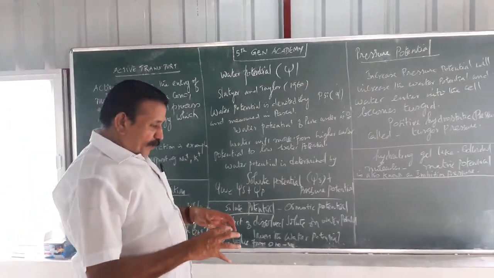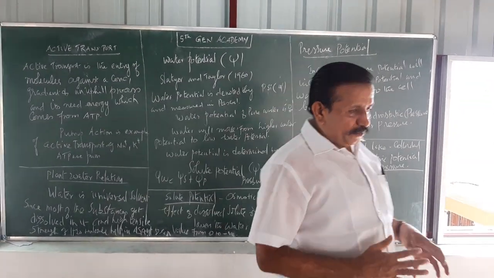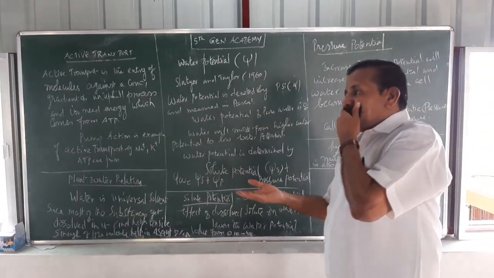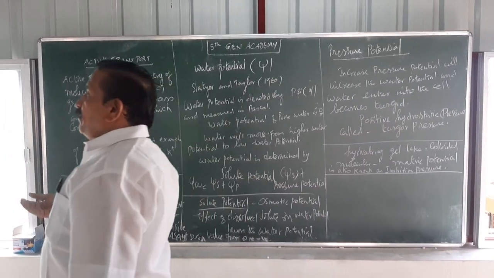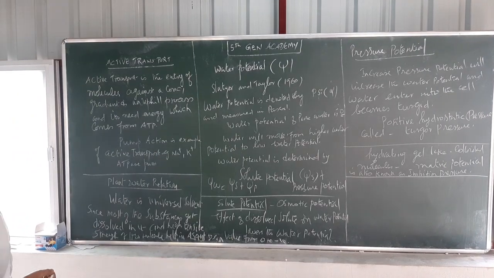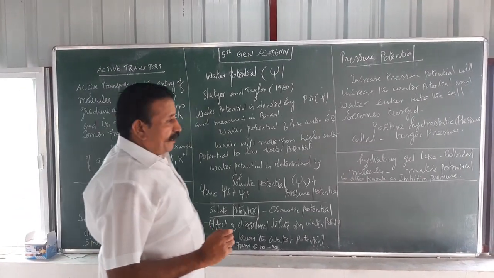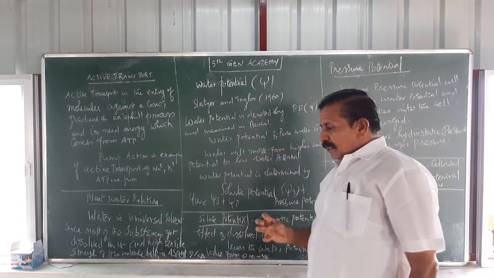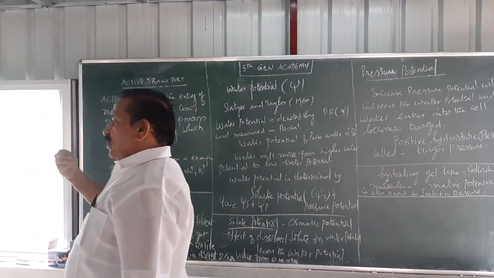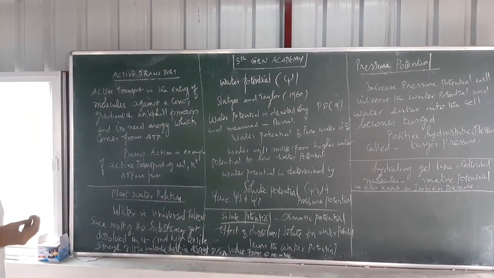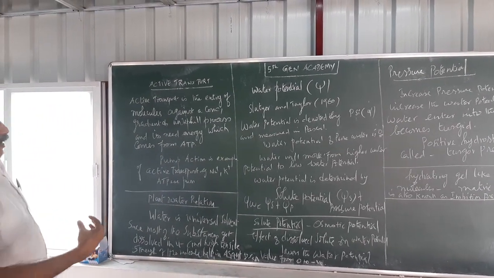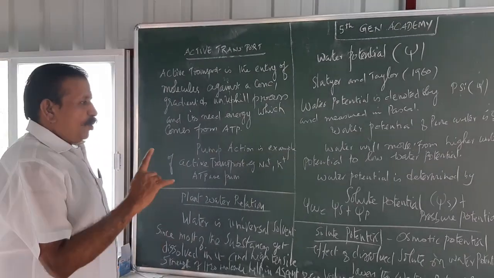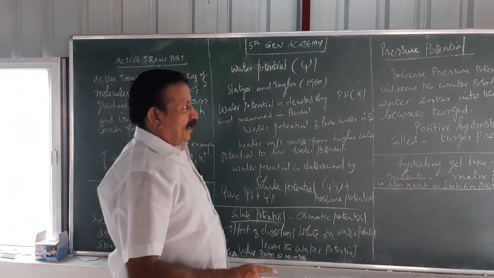Pure water has a high water potential. If any substance is mixed in, forming a solution, it gives a negative water potential. What is the reason? Pure water has higher kinetic energy. If any substances are dissolved in it, the water potential will decrease.